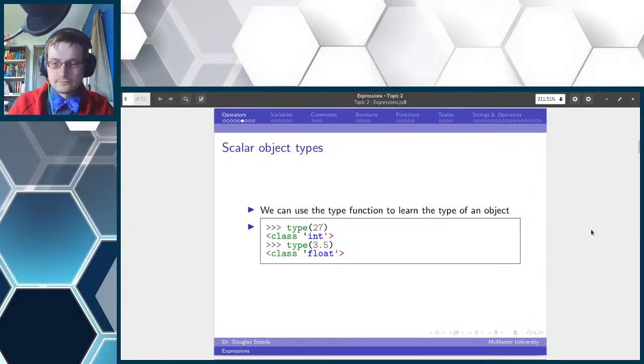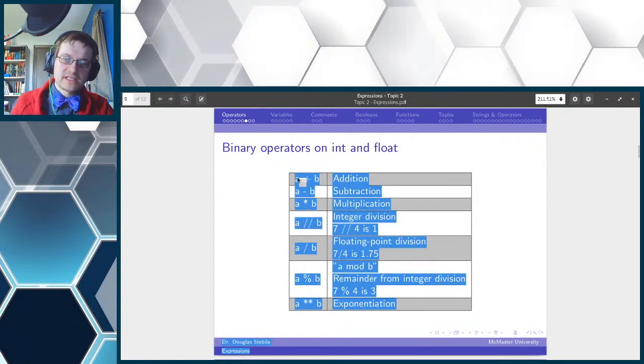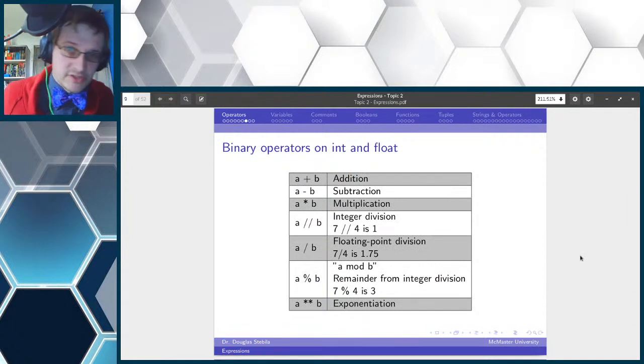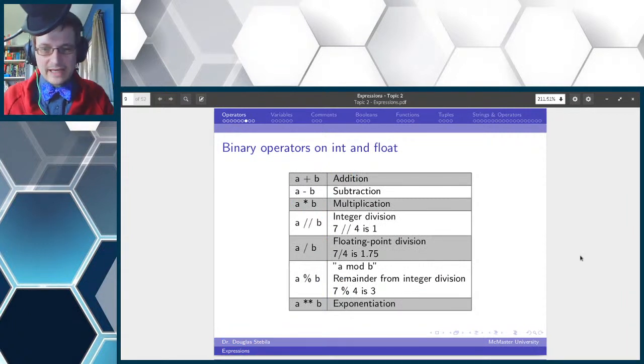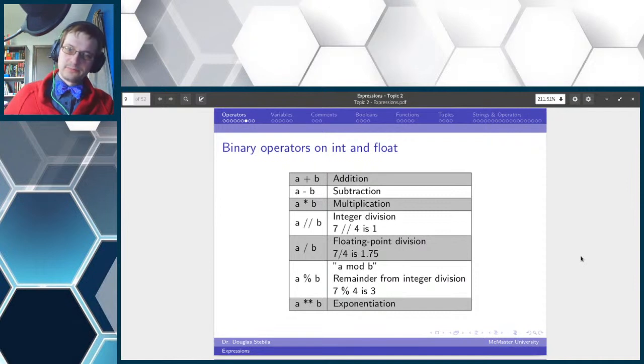So, here is a table of your basic binary arithmetic operations. I.e., this is how you perform basic arithmetic. There are some important things that you probably will have never seen before on this slide, so we'll go over them.